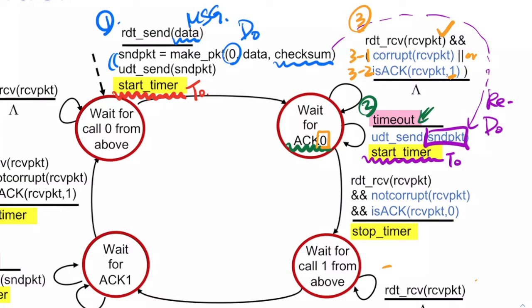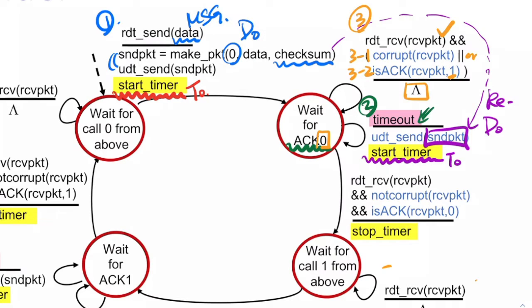But interestingly, we don't do anything right here. Previously, when we received a corrupt packet or a packet whose sequence number is not what we expect, we did retransmission, as in state number 3.